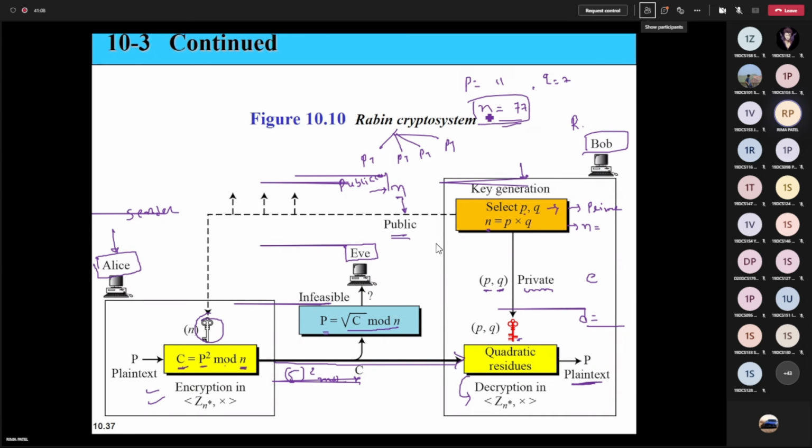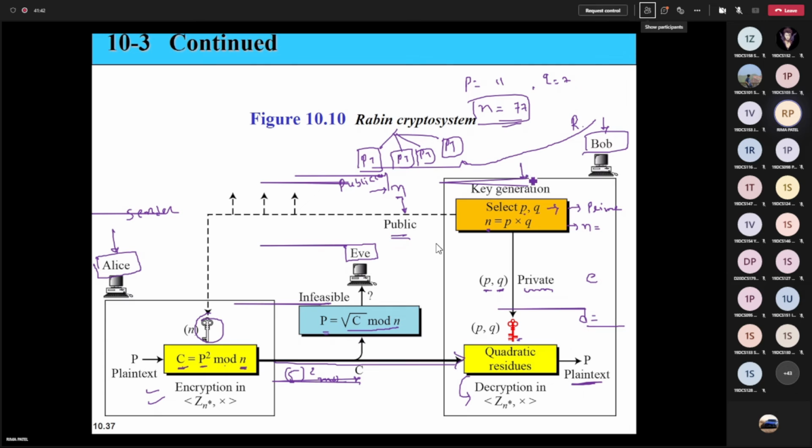The reason is that the Rabin crypto system is deterministic. In decryption, we just do the reverse process of encryption, right? The equation is such that you will get 4 different values of the plain text. Now it is up to Bob to select which one is the plain text; it depends on the situation.